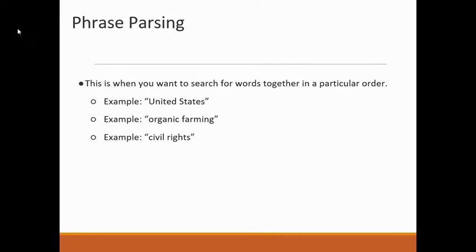The first example is United States. What we would do is put quotation marks around United States so that when we search the databases, it's going to search the words United and States next to each other, as opposed to searching the word United and then searching the word States separately. Our second example here is organic farming, and our third example here is civil rights.